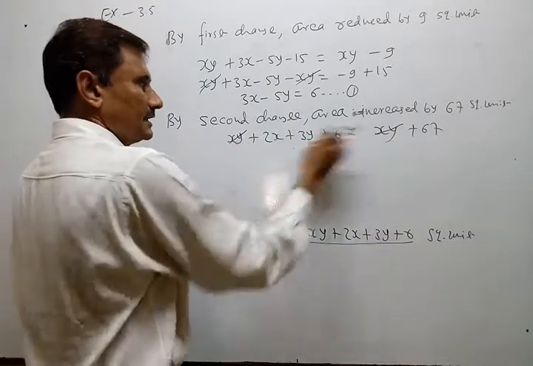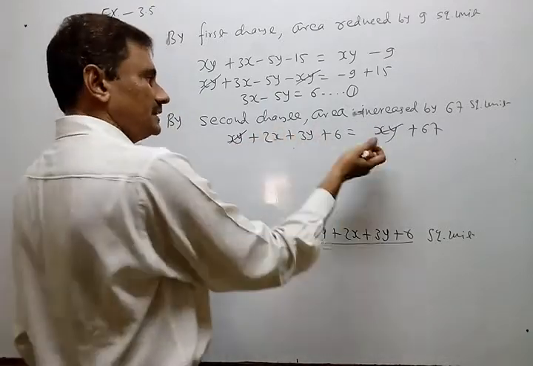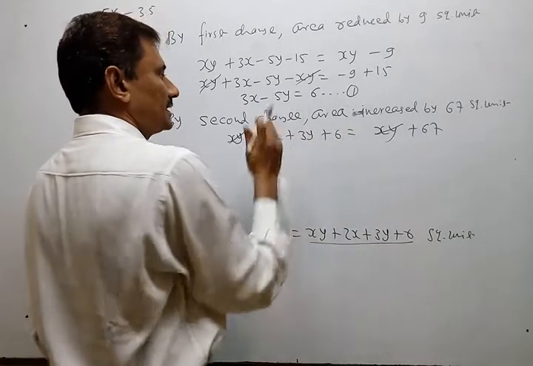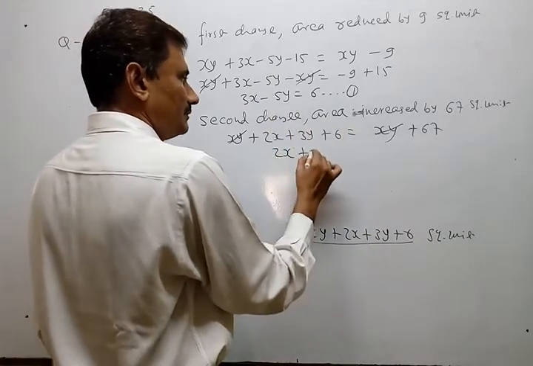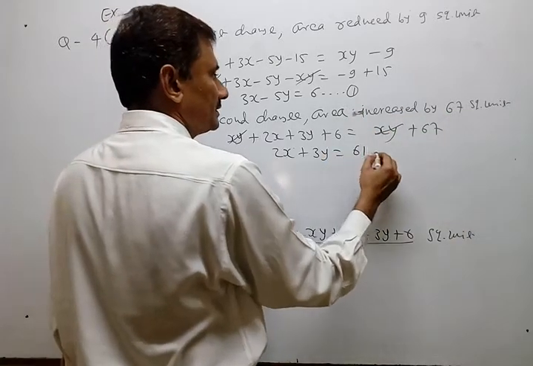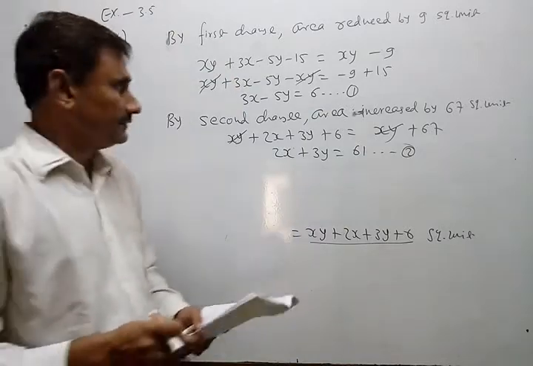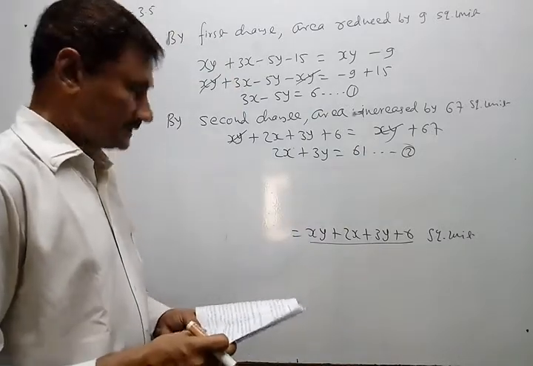If the same sign terms are at opposite sides, then we can cancel; otherwise you just leave it as it is. So 2x plus 3y equals 67 minus 6, 61. Equation number 2.